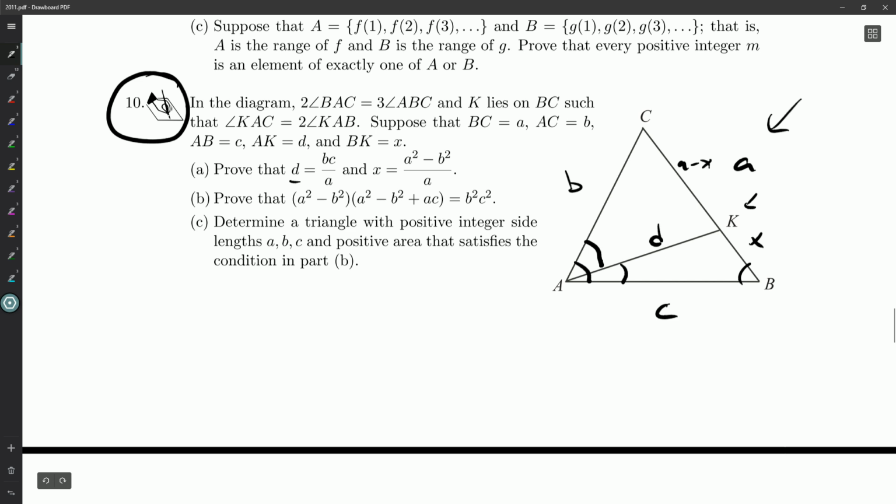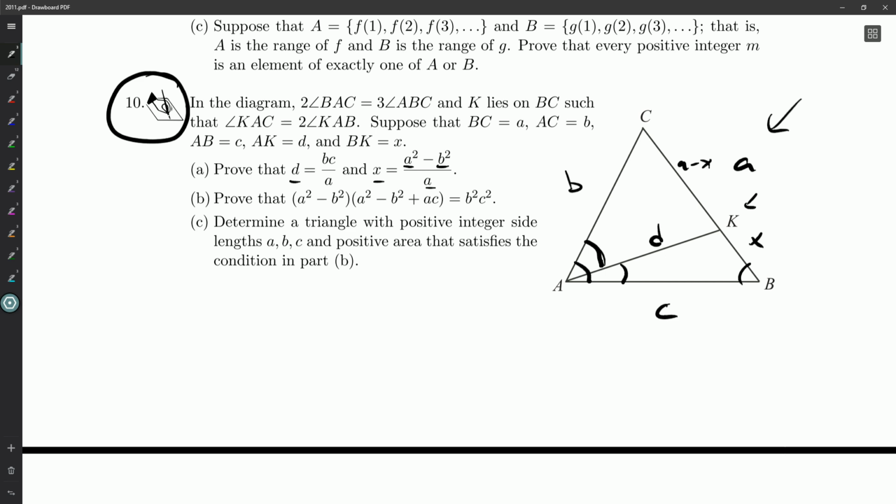BC over A. Now, to me, with all these angles here, that strikes me as something I might do with similar triangles. We also want X is equal to A squared minus B squared over A. Now that makes me think cosine law, maybe.